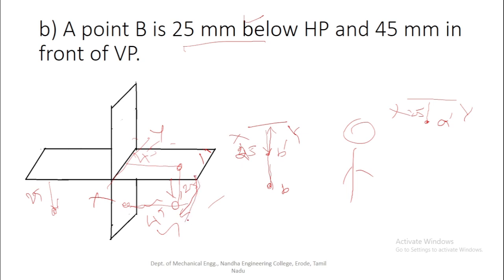So if we rotate the horizontal plane clockwise by 90 degrees, the top view will move 45 mm below the XY reference axis. So here the top view will be lying at this place, which is 45 mm below the XY reference axis. So this is the top view, this is the front view, and both will be lying in the same vertical line.